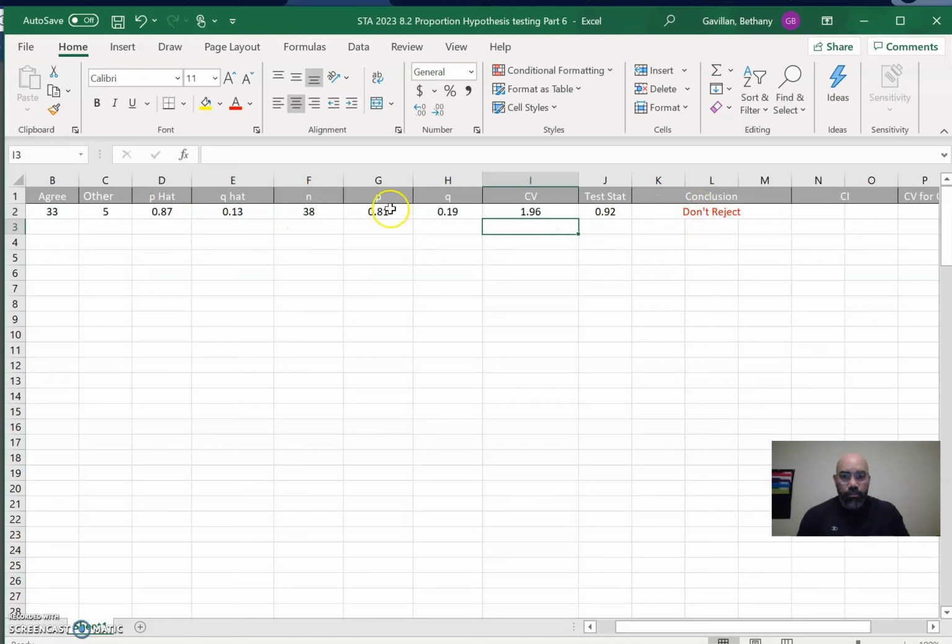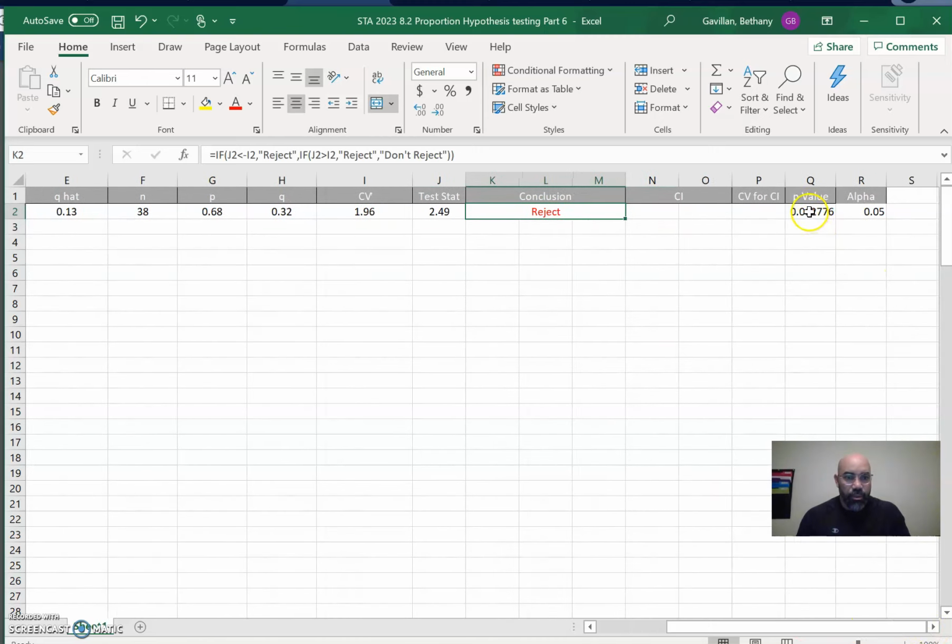Now I just want to show you what happens if my sample proportion was still 87%, but let's say for some odd reason the population proportion was actually something like 68%. And so now you can see that my conclusion was to reject. I go back here and I look at my p-value, and look how small my p-value is compared to the previous one where I don't reject.